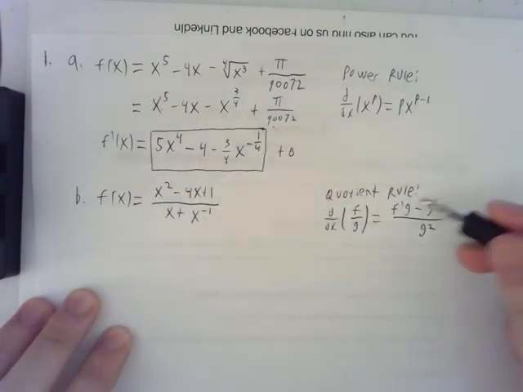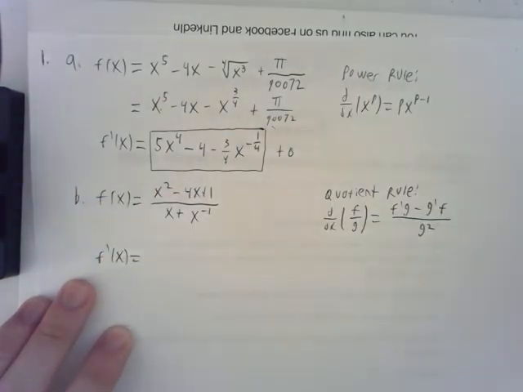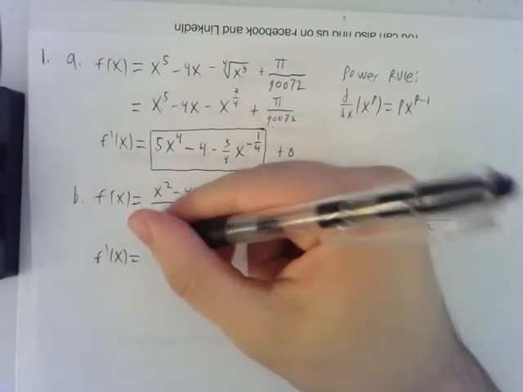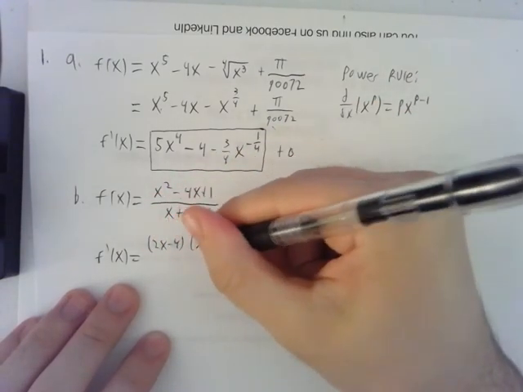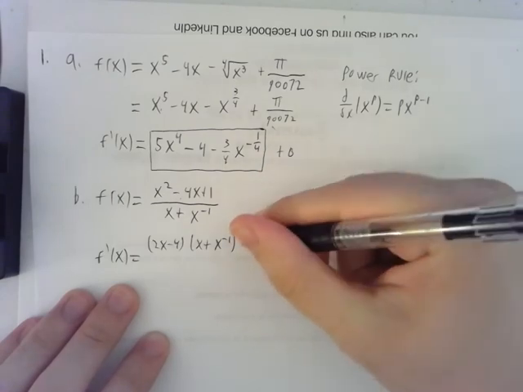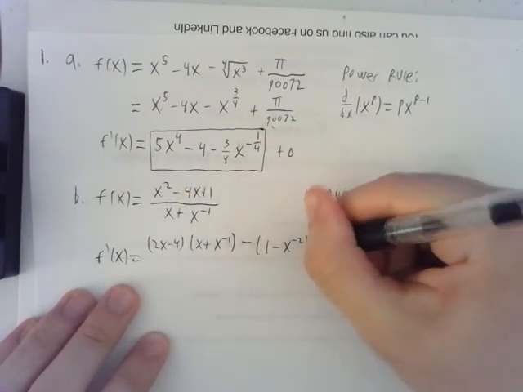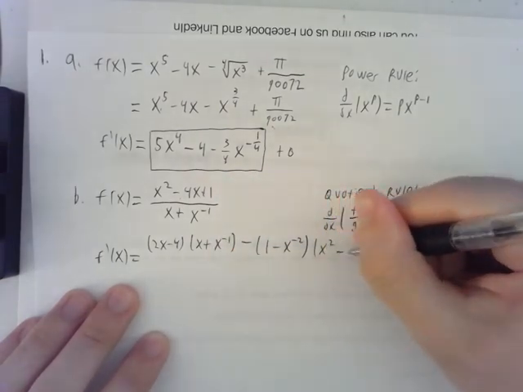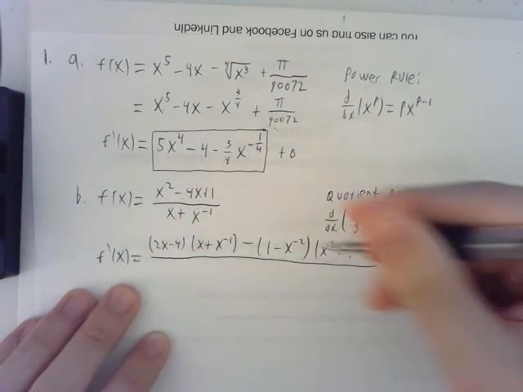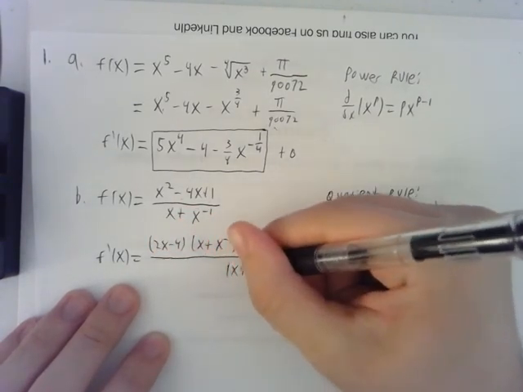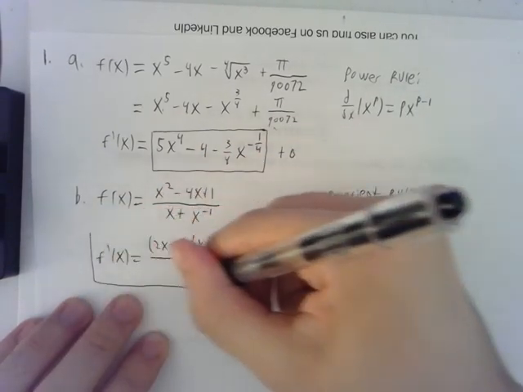So if we plug those things into our formula from the quotient rule, we'll see f prime of x is equal to 2x minus 4, the derivative of the top function, times the bottom function, minus derivative of the bottom function times the top function, all divided by the bottom function squared. So this will be our answer.